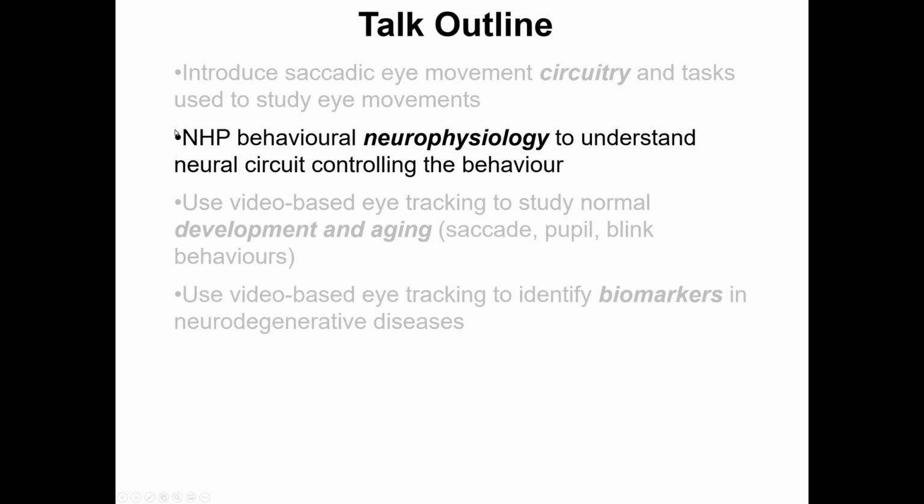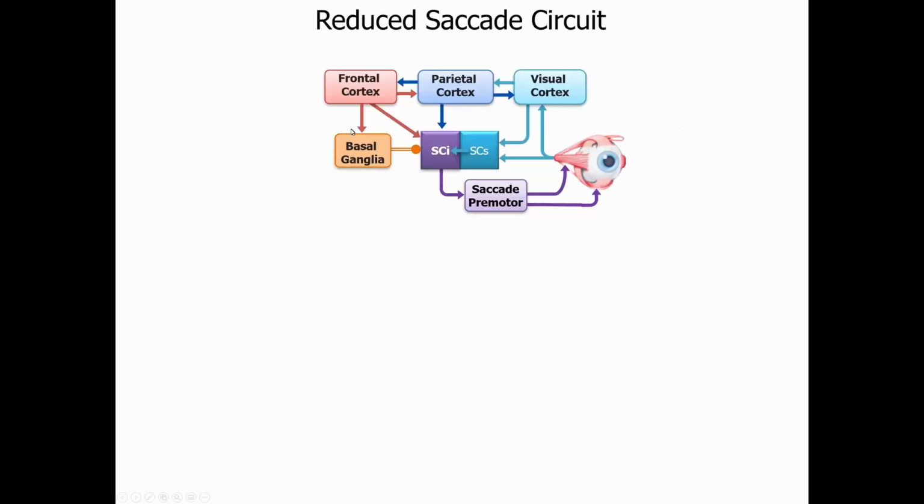Okay, so what I'm going to do is start to introduce now some key neurophysiological concepts that'll be critical to understand the human behavior when I get there. So this is now the simplified circuit. Now we can pay attention to these brain areas. And the key about the superior colliculus, the intermediate layers here, is this convergence of input from early visual system, parietal cortex, frontal cortex, not shown on here, temporal cortex, the basal ganglia, and a host of other subcortical regions.